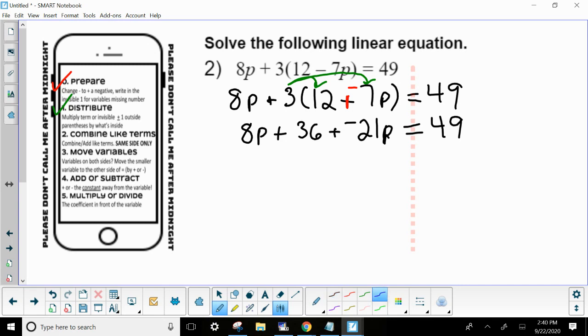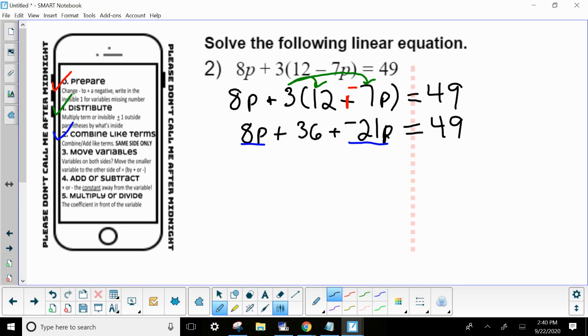Next, we need to combine like terms. I need to find which terms to combine. Remember, we're only combining like terms on the same side. The two terms we can combine here are 8p and plus negative 21p.